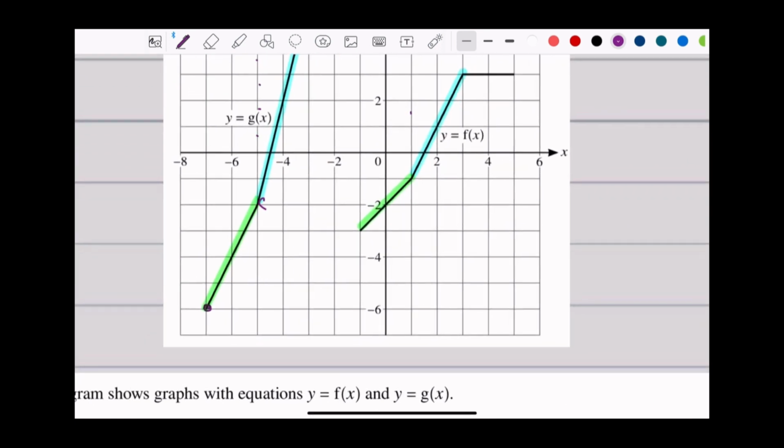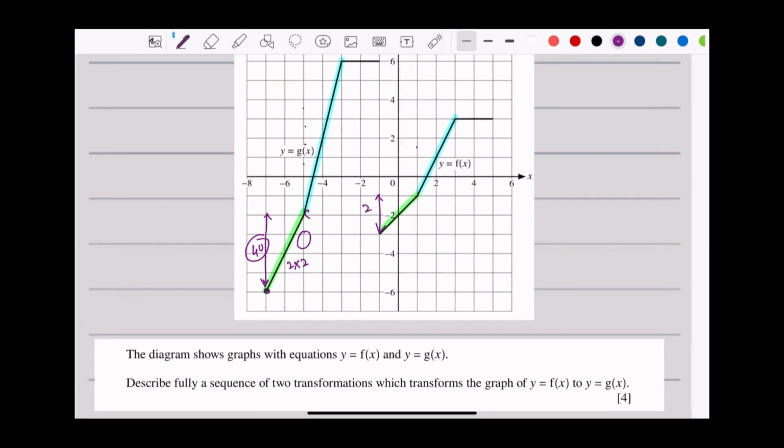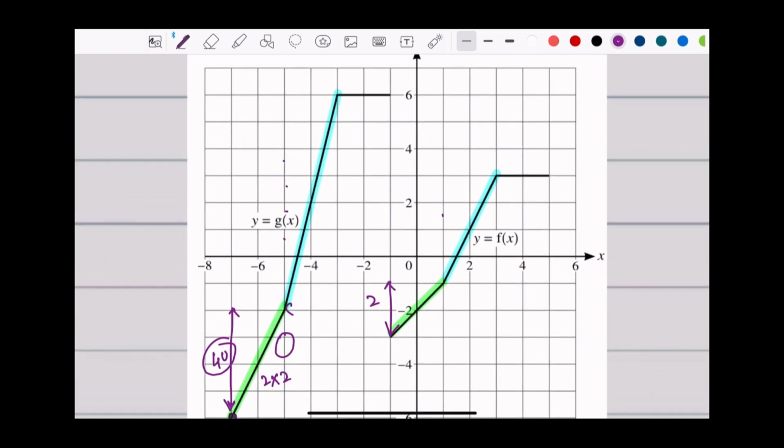So this is vertical of 2 units, and this is vertical of 4 units. Can I say that this is a multiple of 2? So can I say 2 times 2? That's how it is 4 vertically. Let's see if it is applied on the blue line as well. So this is a height of 4 units, and this is a height of 8 units.